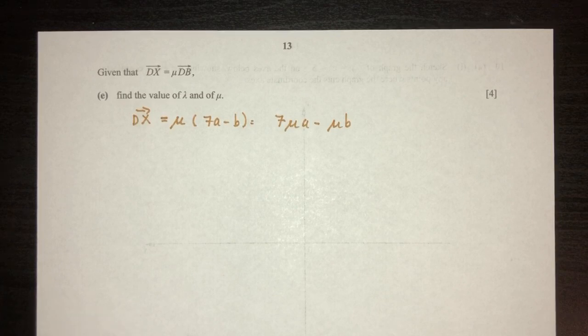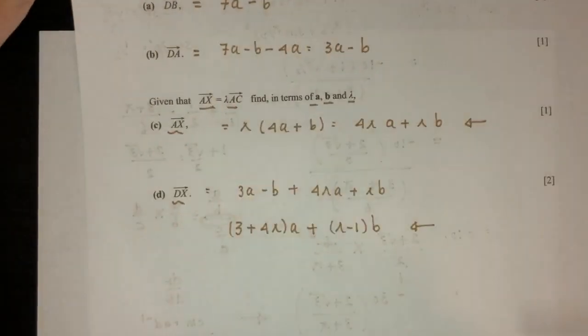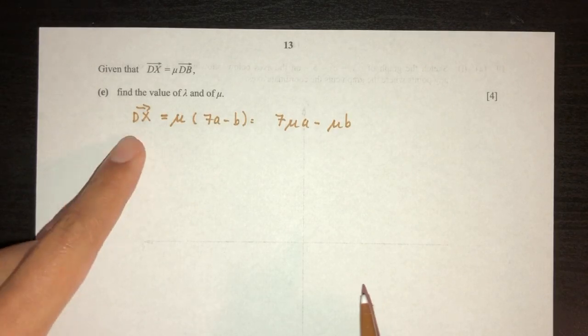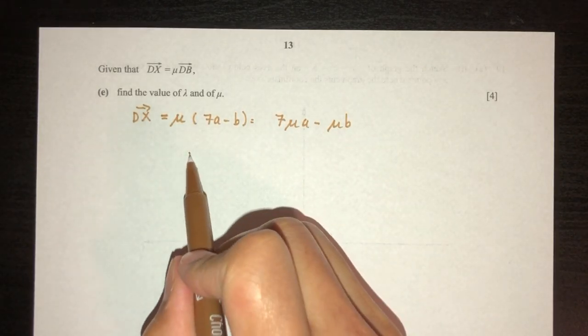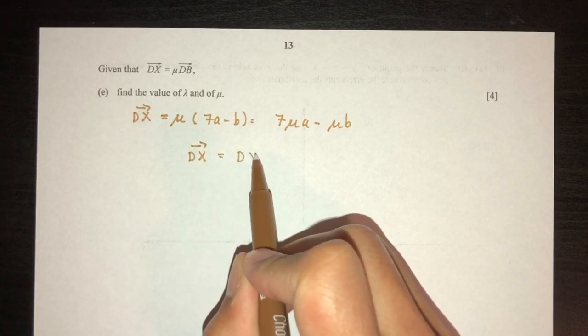Pretty easy, because from part D we have found the value of DX to be something like this, and here we have found the value of DX to be something like this. So we just have to equate, because we know that DX is equal to DX.